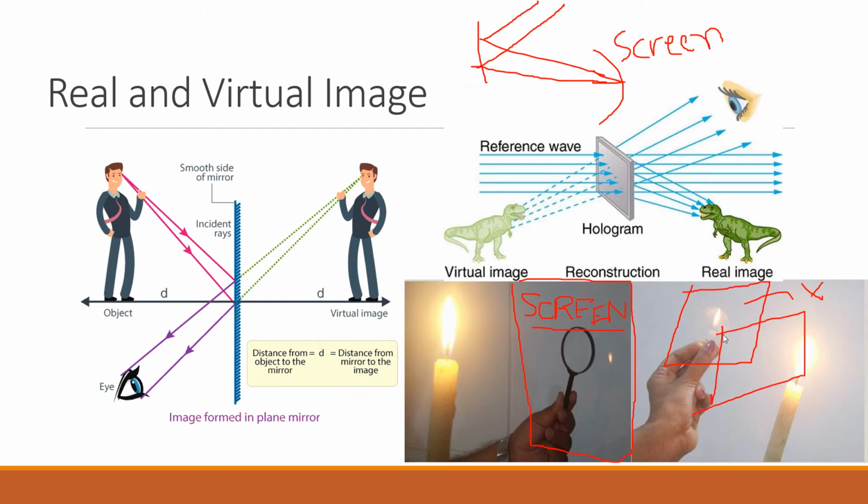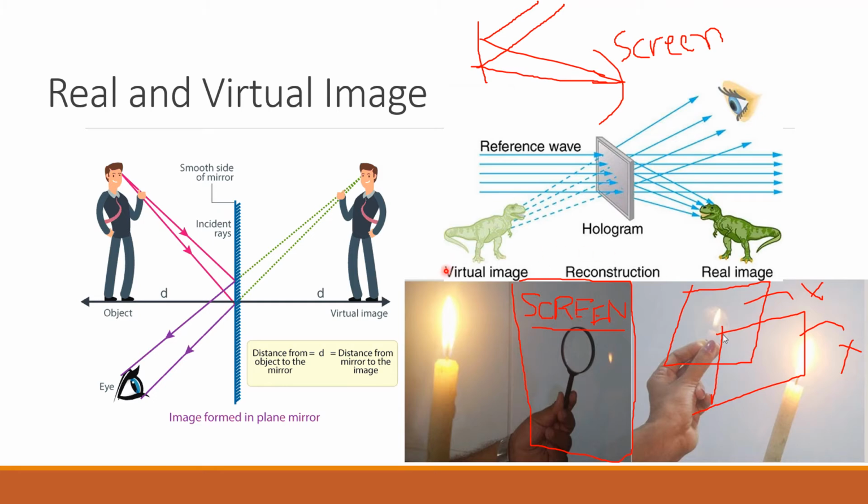No. Fine. So when the image cannot be projected on the screen, in that case, what kind of image will be formed? Virtual image. And why the virtual image is formed?